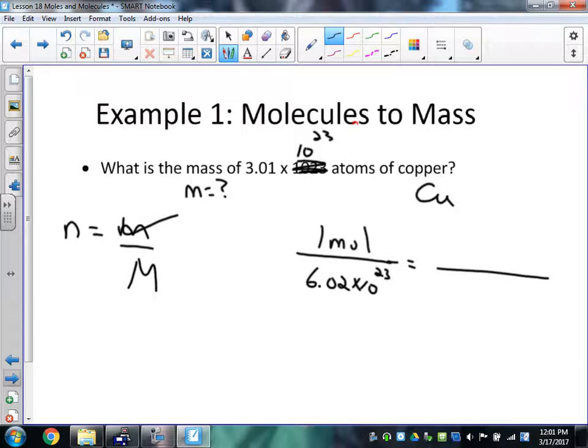So where do I start here? Should I start over here? Or maybe should I start with this formula here? Probably this one, yes? Because they're telling me a really big number, and I know the number of atoms, molecules, ions, compounds, whatever. So I probably want to start here.